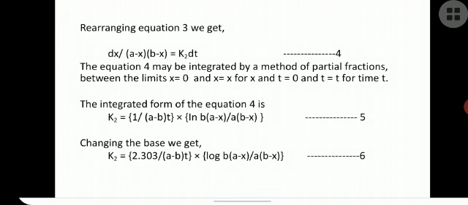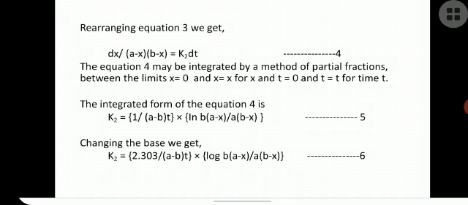Equation 4 may be integrated by the method of partial fractions between the limits x = 0 and x = x, and t = 0 and t = t. The integrated form of equation 4 is k2 = 1/[t(a − b)] ln[b(a − x)/a(b − x)].